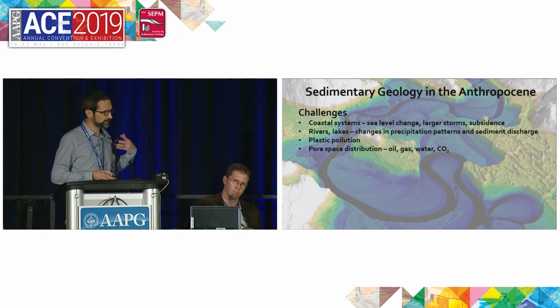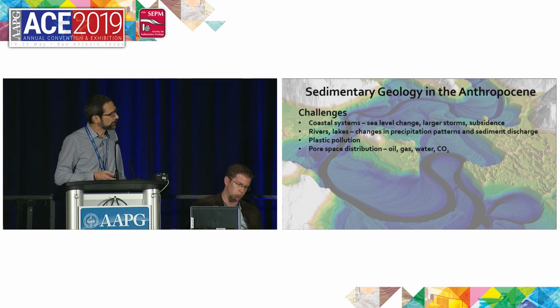And it's even more important nowadays to have good models of the subsurface to extract hydrocarbons efficiently. Also, obviously, pore space distribution is important for water resources, and it's important for carbon sequestration as well. And that's something I want to expand upon a little bit in the next few slides.